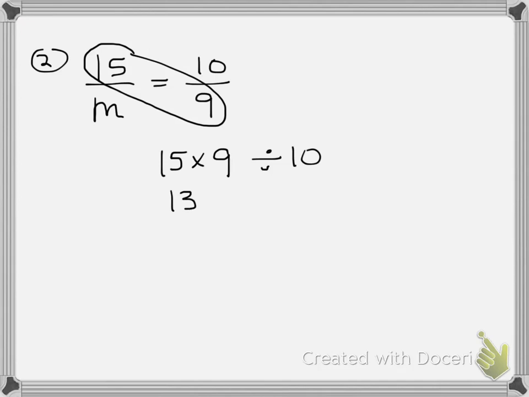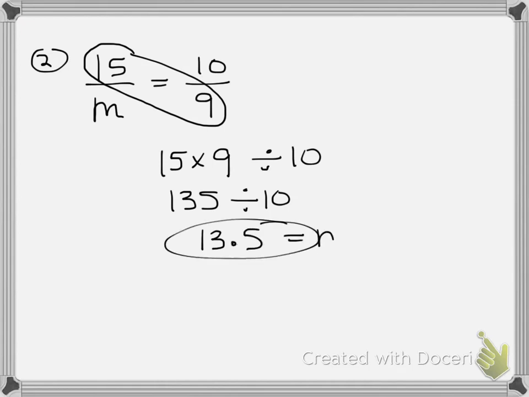Now 15 times 9 is 135, and 135 divided by 10 is 13.5. So we now found out that M is 13.5. The proportion would look like this: 15 to 13.5 equals 10 to 9. That's how you find out the missing piece.